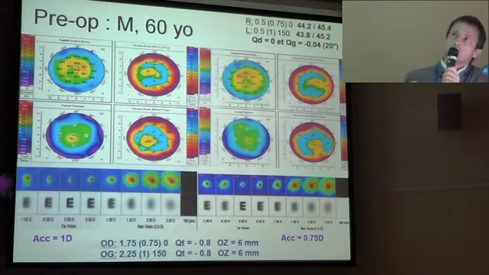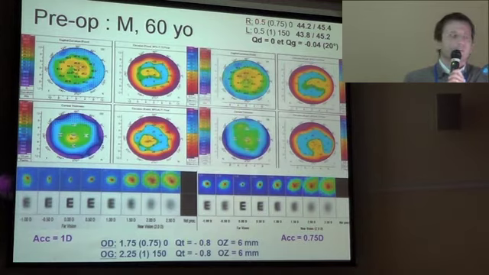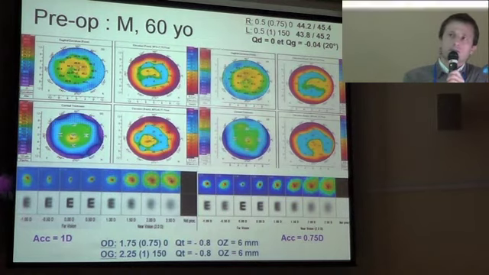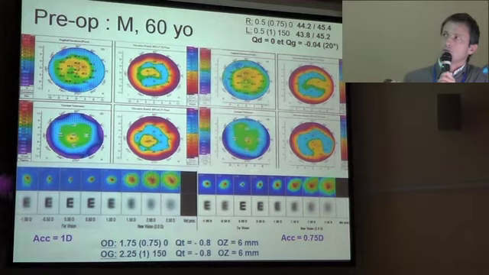The Pentacam topography map. This is given by the OCAS device. It's a program which can give you the residual accommodation, and you have 1 diopter or 0.75 diopters of residual accommodation for the patient.